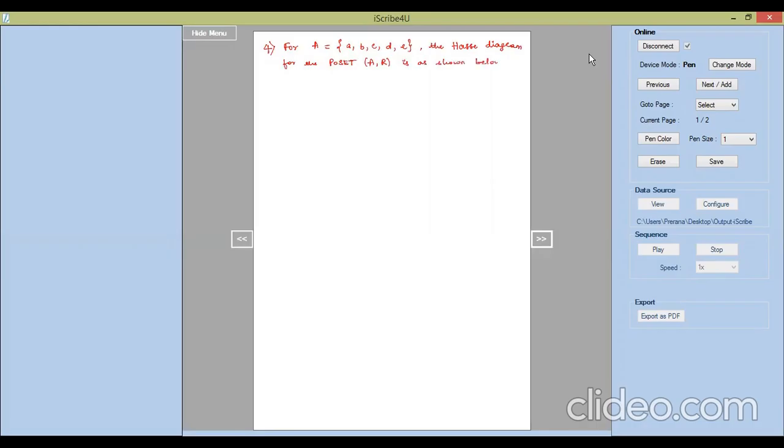So the Hasse diagram is given for us. Okay, so we'll just write down the Hasse diagram given for us. So this is the Hasse diagram given. These are the vertices mentioned: A, B, C, D, E.